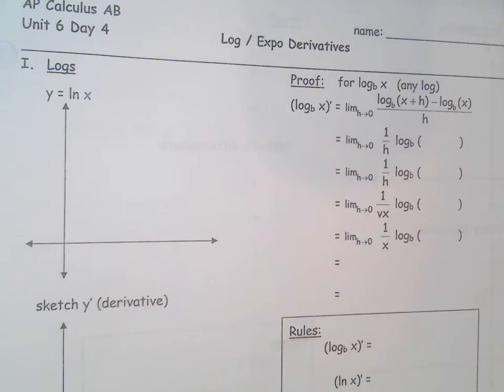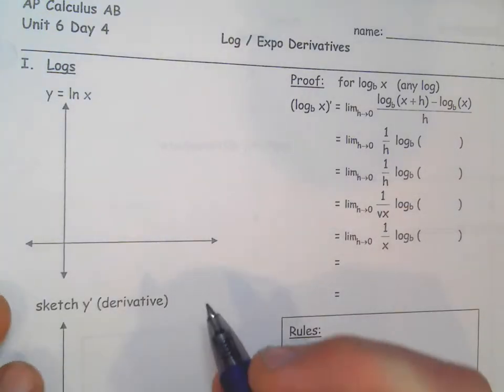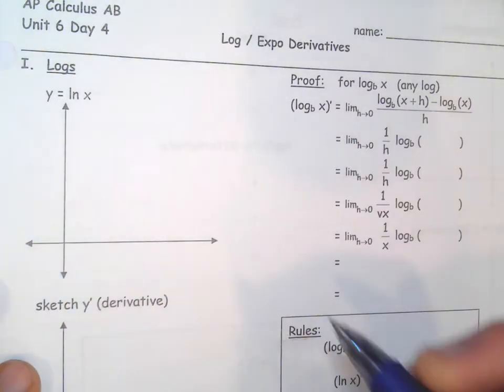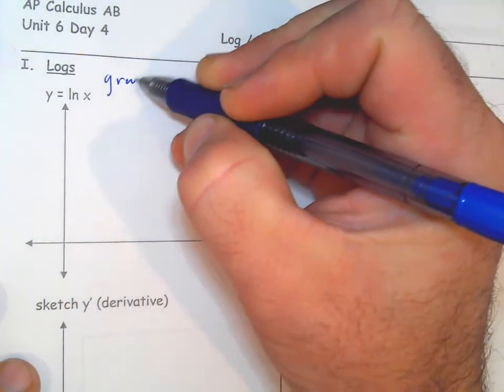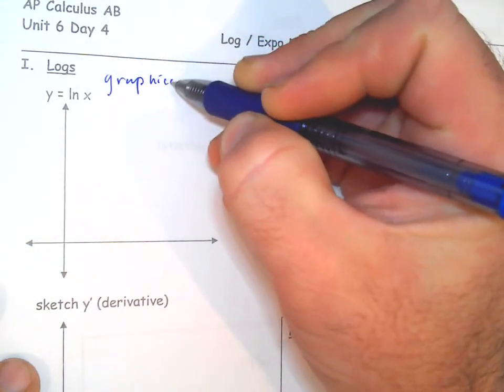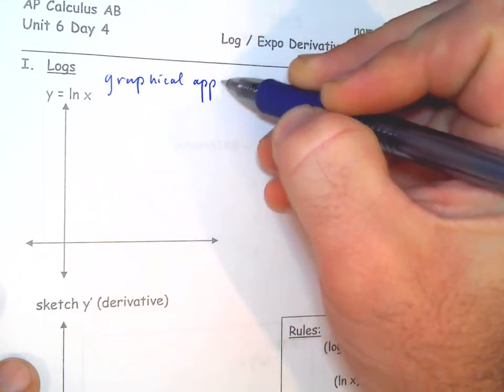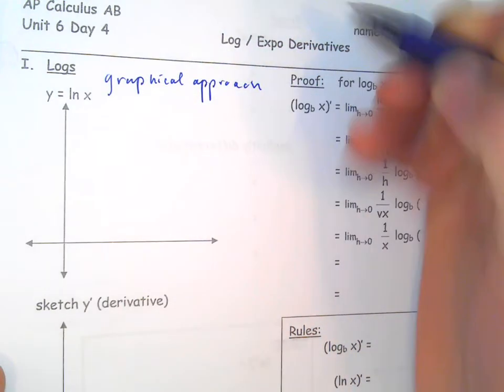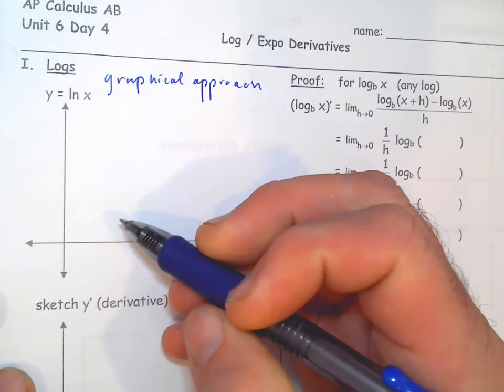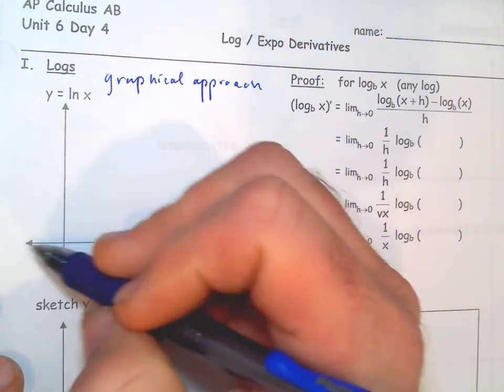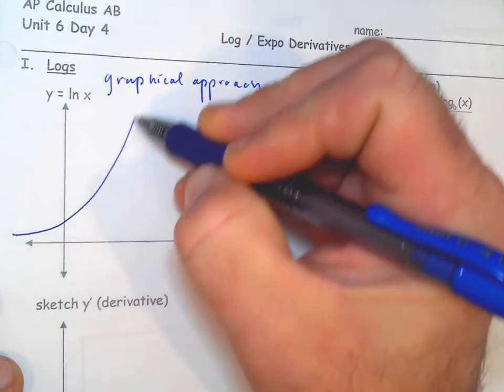So let's see if we can figure out the derivatives of logs. So we'll just start with natural log. So I'm going to take kind of a graphical approach first. So I'm just going to sketch the graph. So we know that natural logs are the inverse of exponentials.